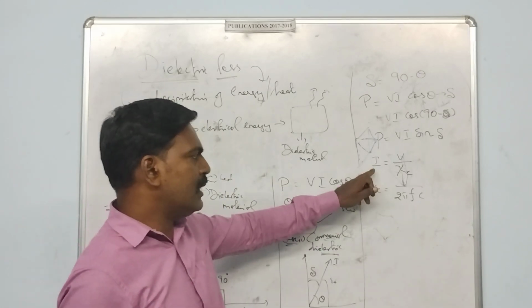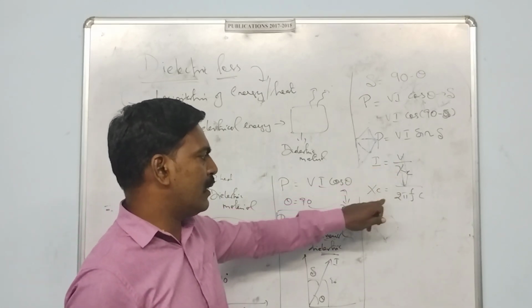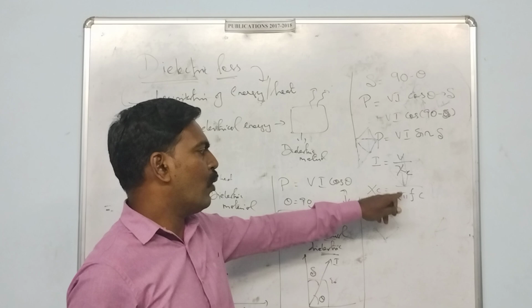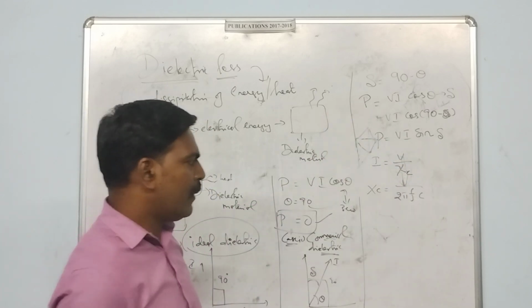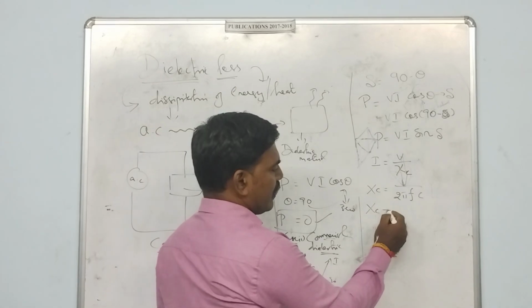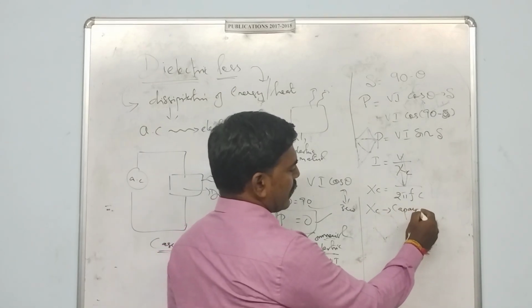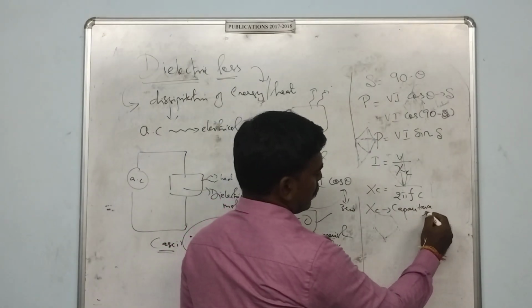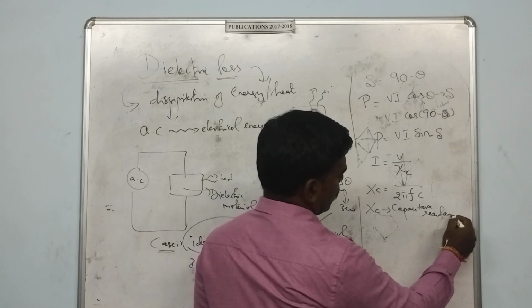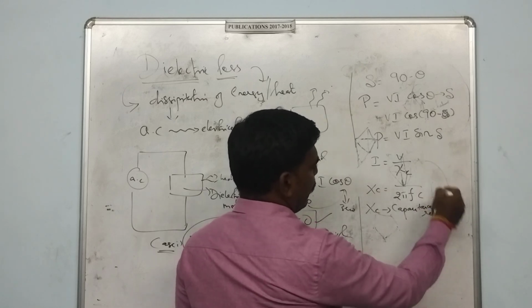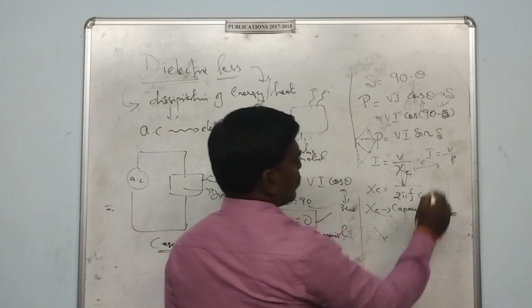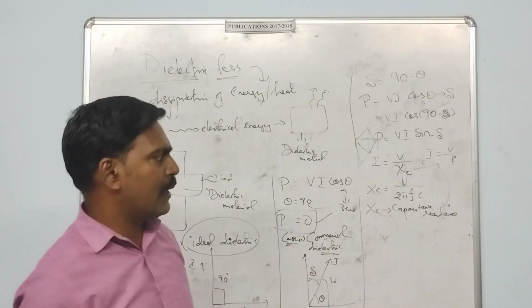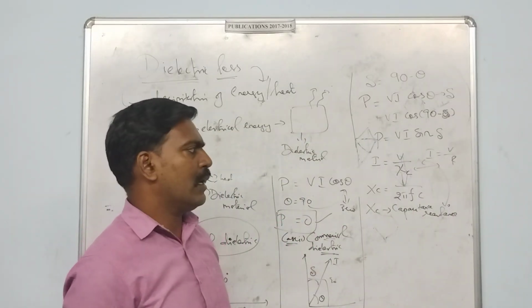Here Xc represents the capacitive reactance, which compares with Ohm's law I equals V by R. Xc is nothing but a resistance for capacitance.